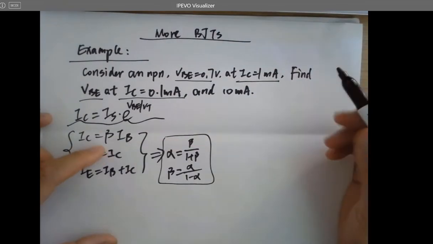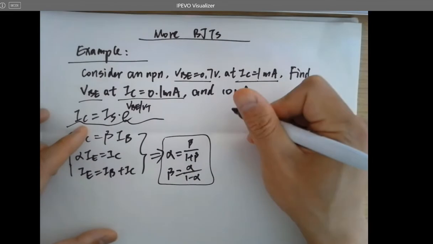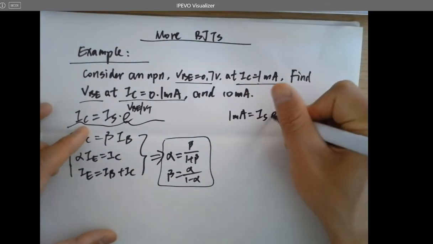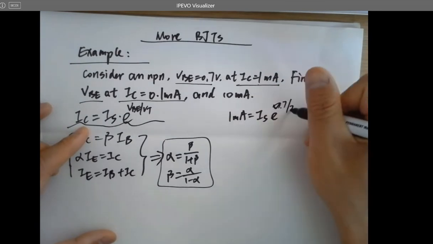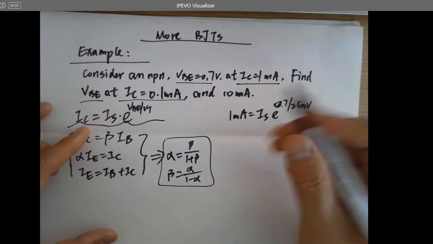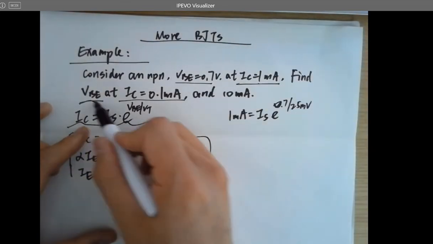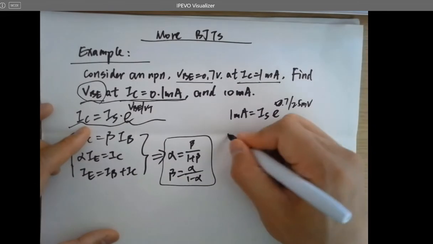So use this equation, and you plug in this IC over here, so 1 milliamp equals IS times e to the VBE, which is actually 0.7 volts, over 25 millivolts, which is VT at room temp. And now you are trying to calculate the VBE when IC is 0.1 milliamp.